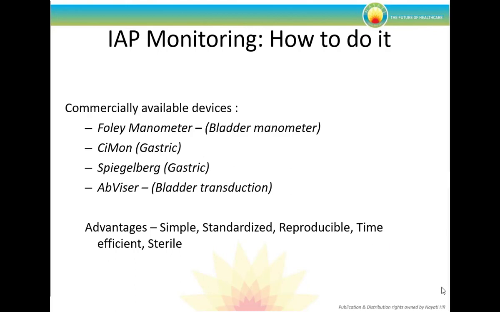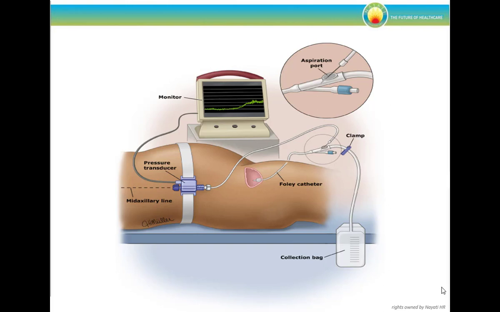The advantages of the standard intra-abdominal pressure measurement by bladder pressures is that it is simple, standardized, reproducible, and time efficient. This is how the unit looks. You have a transducer, which can be any transducer that we use for measuring CVPs or arterial lines. It is tied at the level of the mid-axillary line, and you zero at the mid-axillary line.